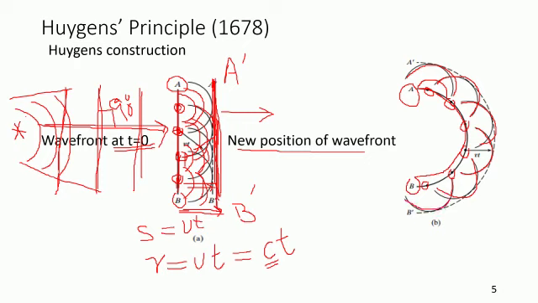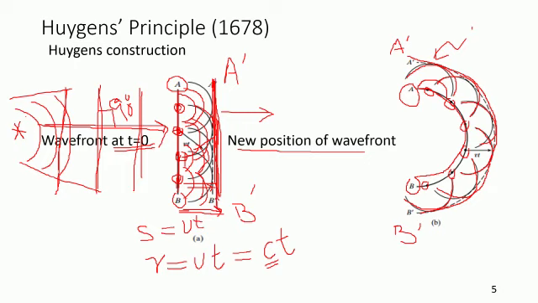And what we do then is draw an imaginary surface or an imaginary line which is touching all these secondary waves at just one point, which in mathematics we say is tangent to all of those. This is called an envelope as well in mathematics. So this imaginary surface is the location of that wavefront after some time t, and we name this A prime B prime.